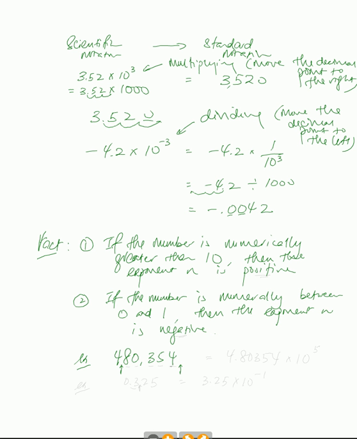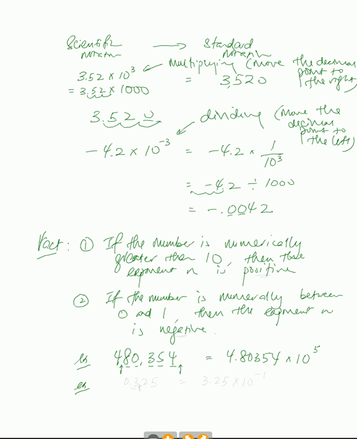That requires you to move 1, 2, 3, 4, 5 places, which means this is 4.80354 multiplied by 10 to the power of 5. If you forget whether it's positive or negative, you can think of big numbers. Big numbers mean positive.